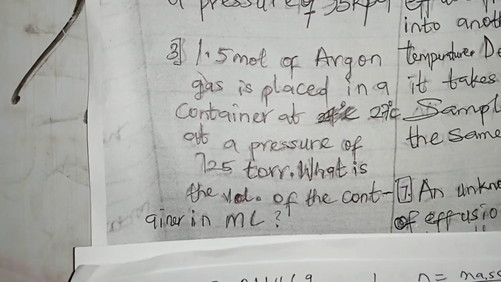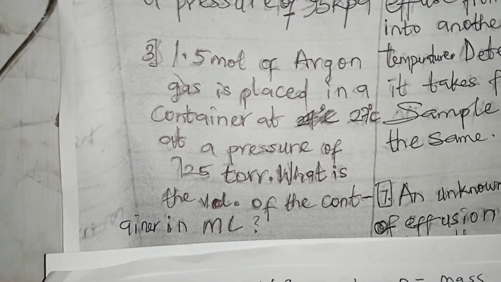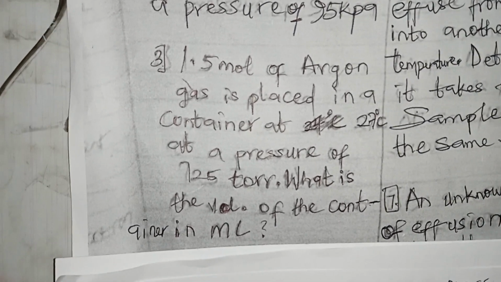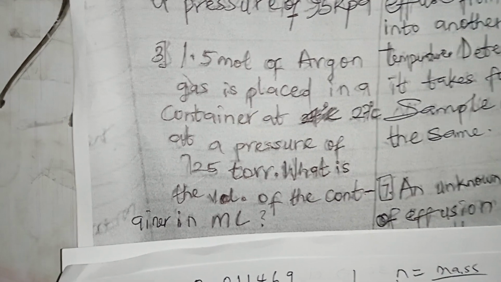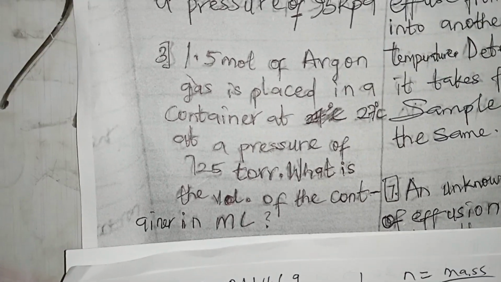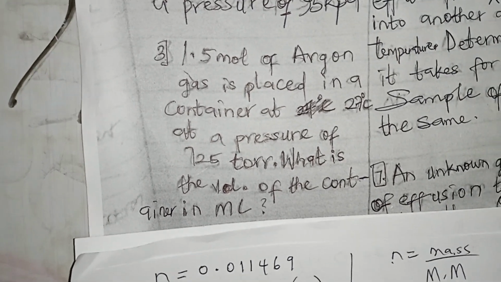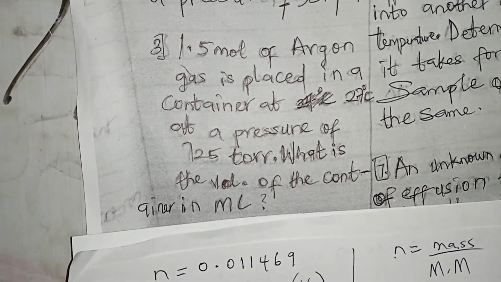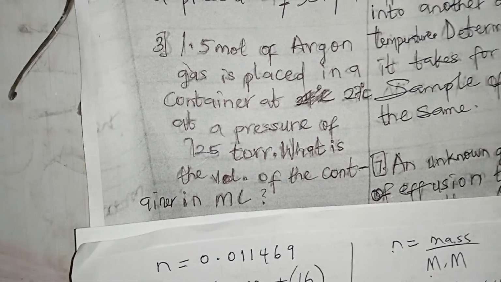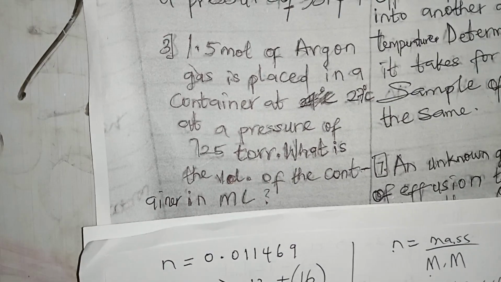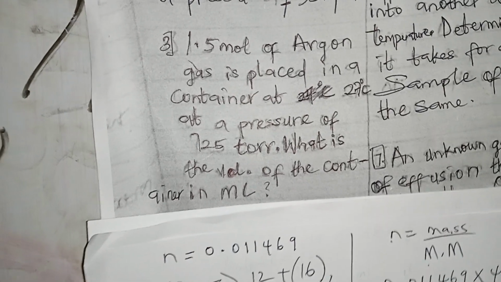It says 1.5 mole of argon gas is placed in a container at 27 degrees Celsius at a pressure of 725 torr. What is the volume of the container in milliliter? So mole is 1.5, temperature is 27 degrees Celsius, which is the same as plus 273 Kelvin, which will give us 300 Kelvin.